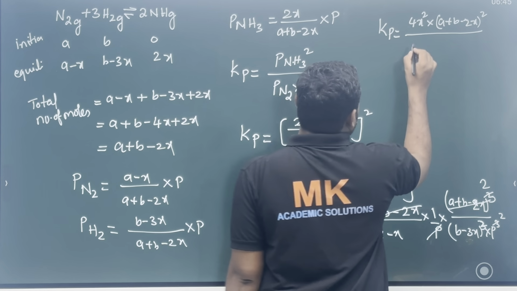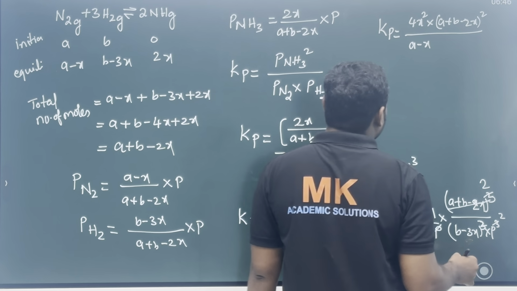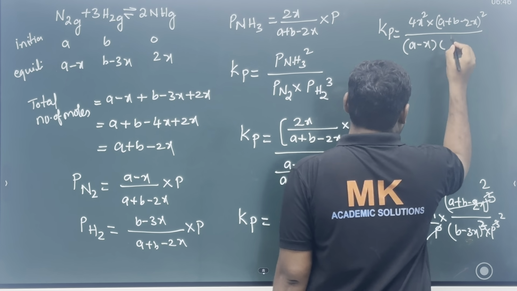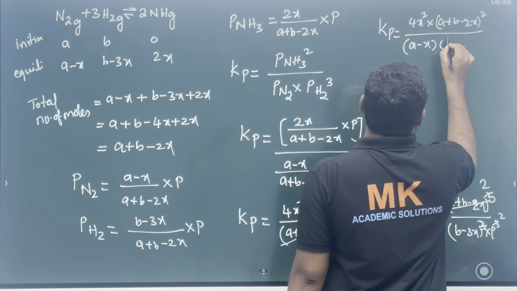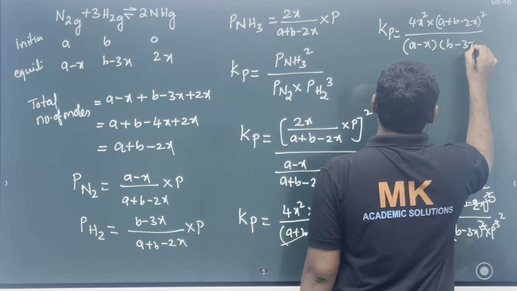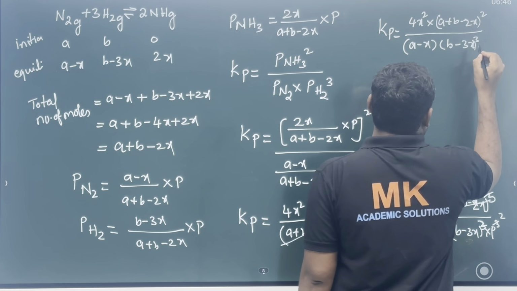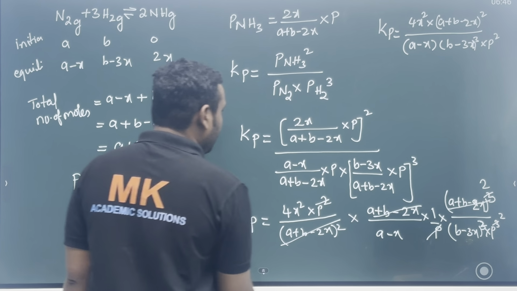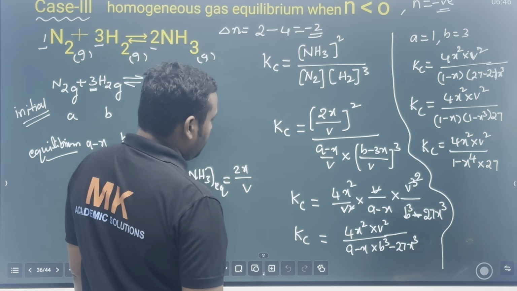A minus x into B minus 3x whole cube into P square. That is the remained one.